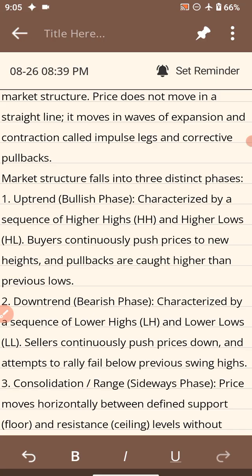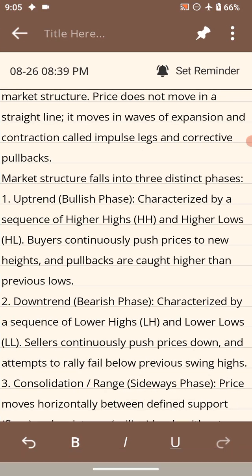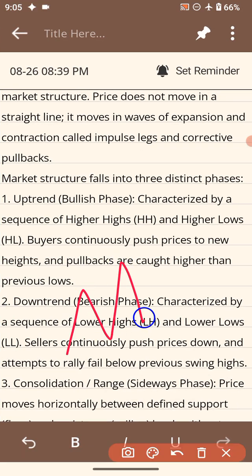Let me go to the chart and show you what I'm talking about. Okay, let's say this is a chart. So what is a higher high in this chart right now? This is a higher high, this area is a higher high, and this area is a higher high.